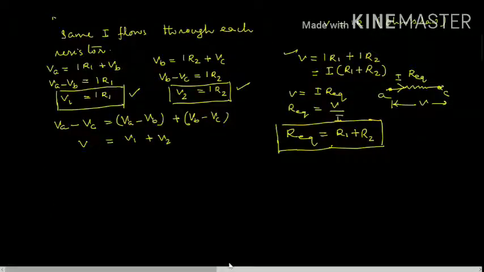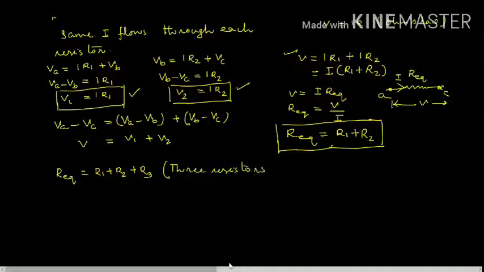When we add another resistor to R1 and R2 in series, then the equivalent resistance is R equivalent equal to R1 plus R2 plus R3. So this is three resistors in series.